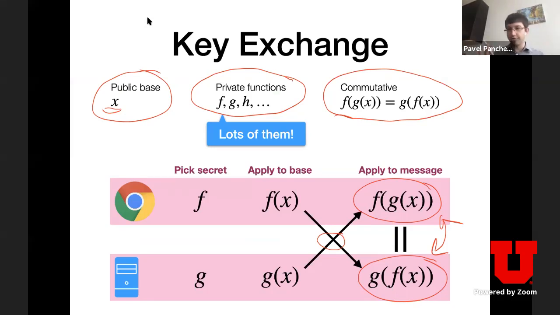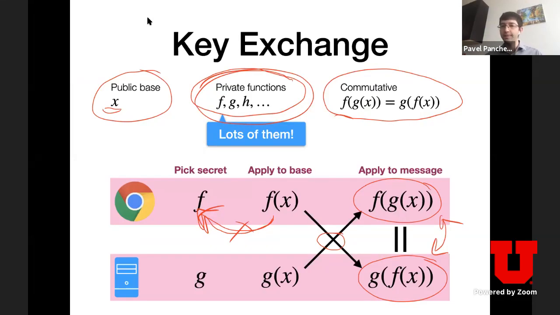There's sort of three assumptions that I've had when I present. I've tried to present this as abstractly as possible. This is the core idea with these commutative functions. Making it work in practice, first of all, means that you can't go from F of X to F. And secondly, that there are, in fact, lots and lots of these private functions, so that you can pick one at random. And in fact, that if you pick one at random, or even if you do a relatively bad job picking it, you still have this property that you can't backtrack from F of X to F. So the space of this set of private functions, you've got to choose that carefully.